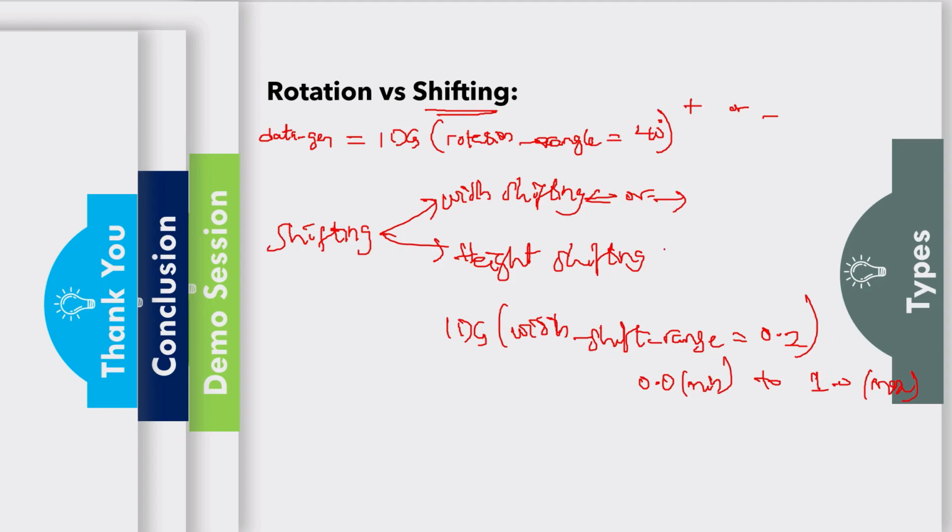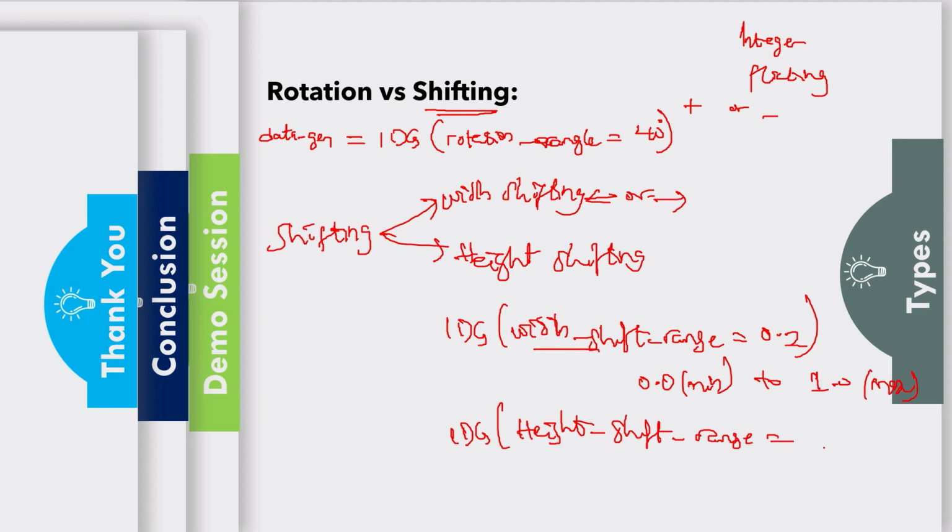So we have seen two different values now. First was an integer value, and the next is now your floating value. The same thing applies when we do height shifting. Instead of width shift, we just say height_shift_range. So we say something like maybe 0.2, let's keep it.